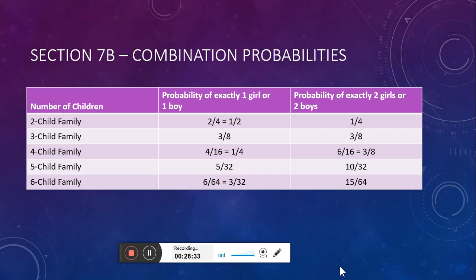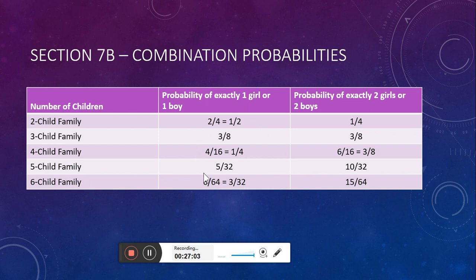Okay, so in number 8, I said that I did basically all of the work on figuring out the different combinations for each child family. And what I did was sort of create a little table here showing you the probabilities so that you guys don't have to sit down and figure out all of the different combinations for the different child families. So here I have the number of children, which is 2-child, 3-child, 4-child, 5-child, 6-child family.